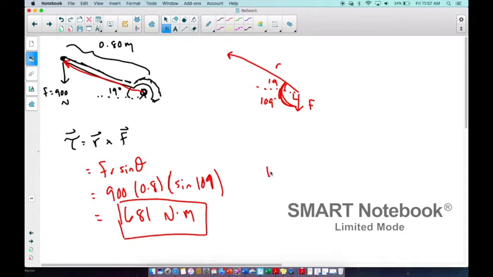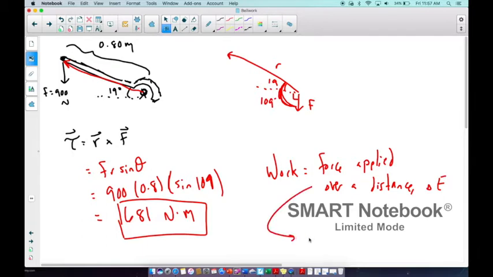Remember what work is defined as? Work is defined as a force applied over a distance, causing a change in energy. And the general equation was F dot delta x, where we literally just multiply newtons times meters.